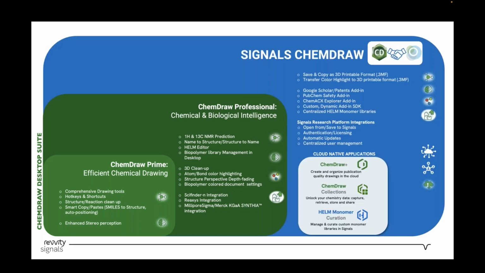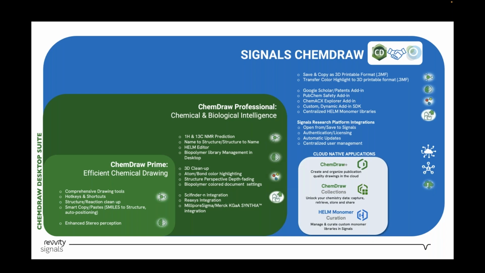With Signals ChemDraw, this is now the replacement for ChemOffice, if you're familiar with ChemOffice or you've had a subscription to that in the past. Signals ChemDraw is now the fully featured ChemDraw desktop application with new integrations into the Signals research platform, including licensing, etc., for the product.